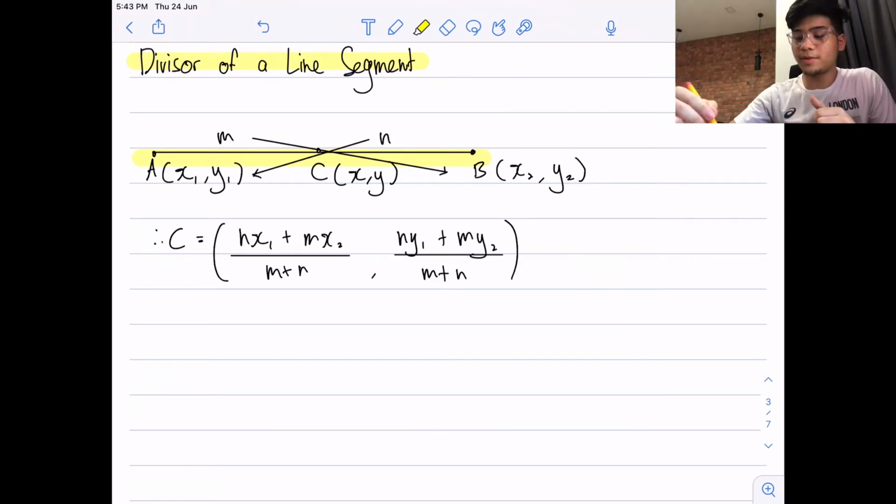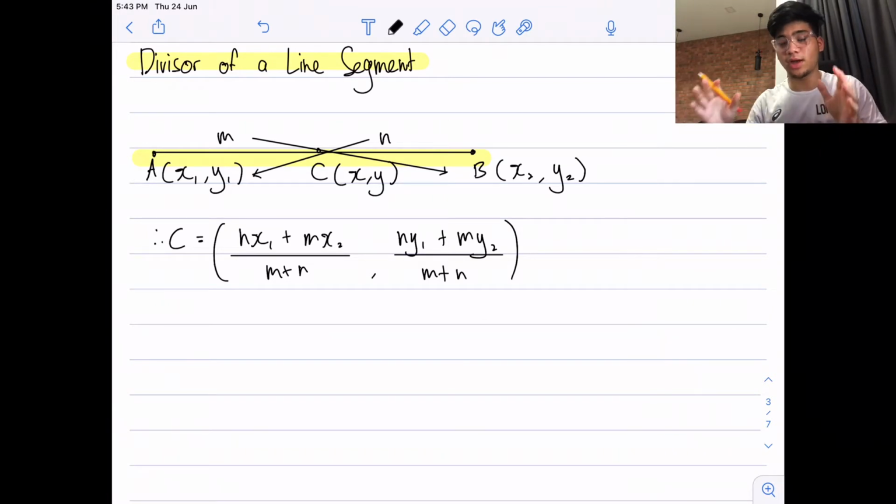Basically, we have 2 points, A and B, which are usually on the ends of the line. Those points will usually be given unless you have to find the unknown. And then M and N over here are basically the ratio between, in this case, A and C and C and B. So M is basically AC, whereas N is CB.